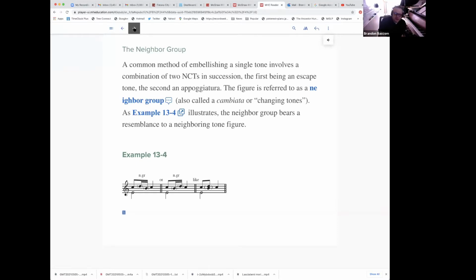As Example 13-4 illustrates, the neighbor group bears a resemblance to a neighboring tone figure.